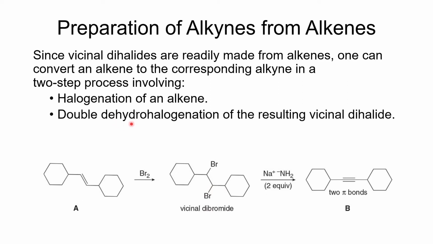Then if you treat it with two equivalents of the strong base, in this case the sodium amide, but you could have used potassium tert-butoxide, that would have worked great, you will produce a carbon-carbon triple bond. You'll get the two pi bonds on that same bond there. And so that is a method to convert an alkene to an alkyne, which is kind of cool.